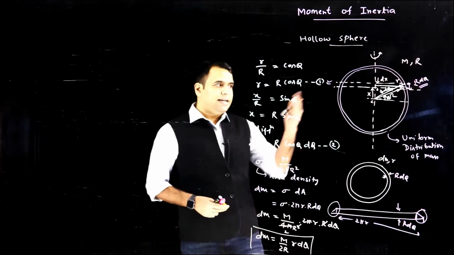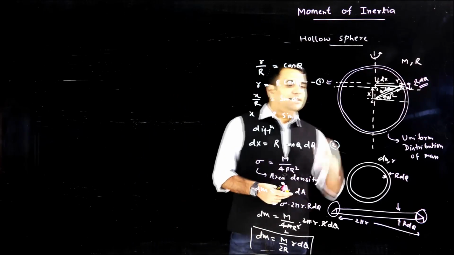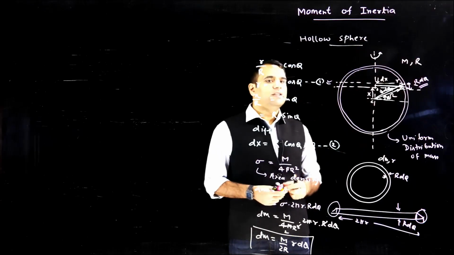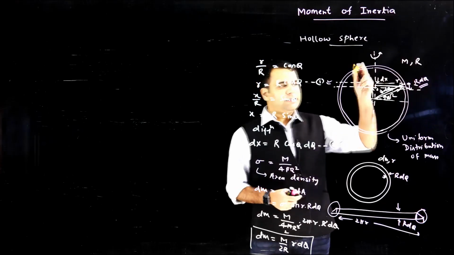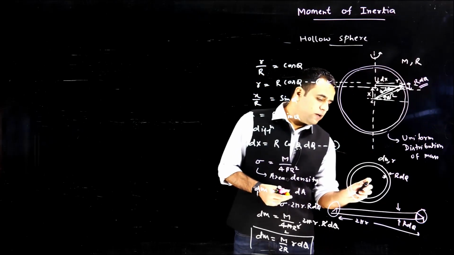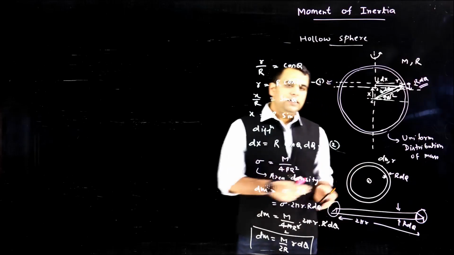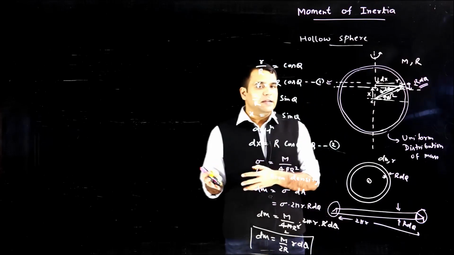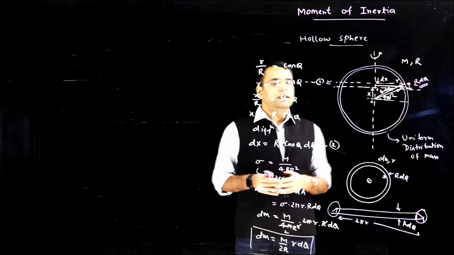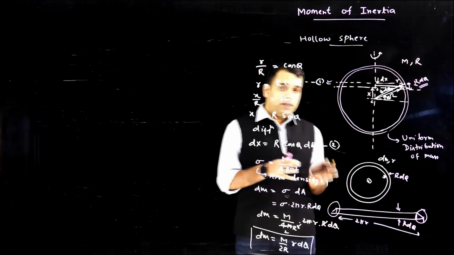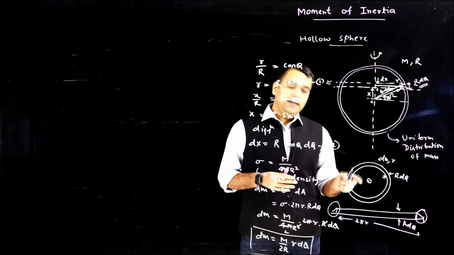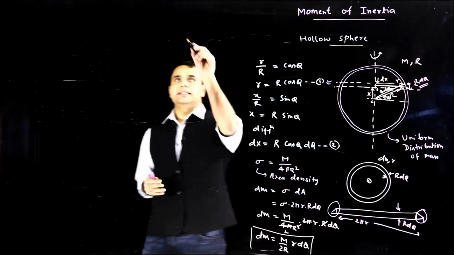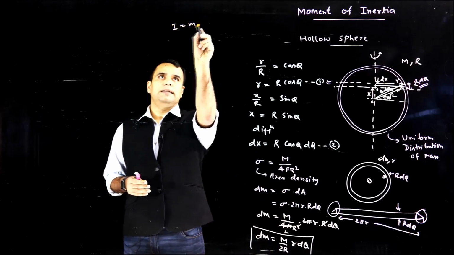Now as you can see, my element is a circular element, a ring type of element, and the axis about which we need to calculate the moment of inertia for the hollow sphere is passing through the center from here. For this kind of body, we know the formula for moment of inertia. Whenever there is a ring, and we need to calculate the moment of inertia of a ring about the axis which is perpendicular to the ring and passing through the center, like this one, the formula is mR square.